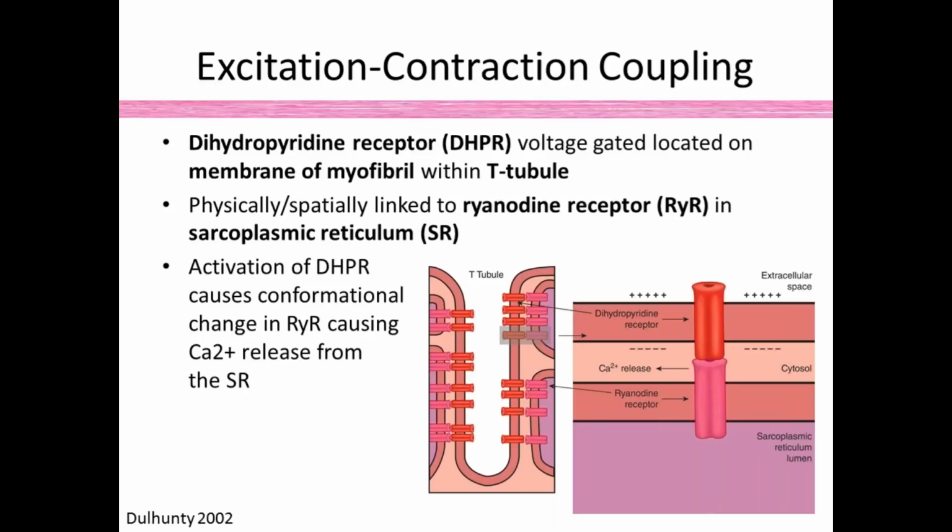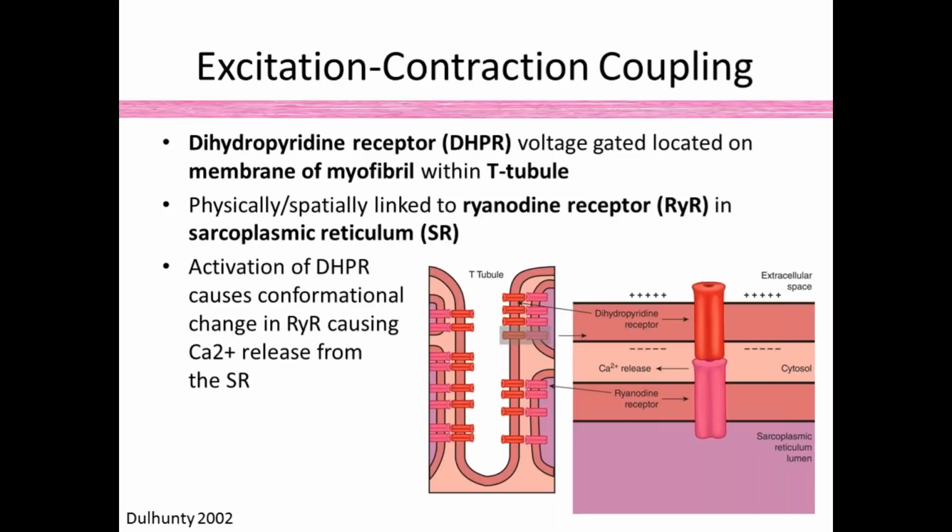This is very different, to some extent, from the cardiac muscle. In the heart, this whole experience is called calcium-induced calcium release. The reason for that is the DHPR in the heart is actually not connected physically to the ryanodine receptor.